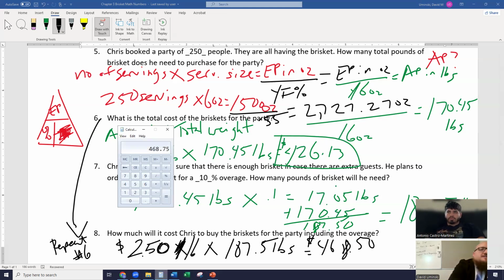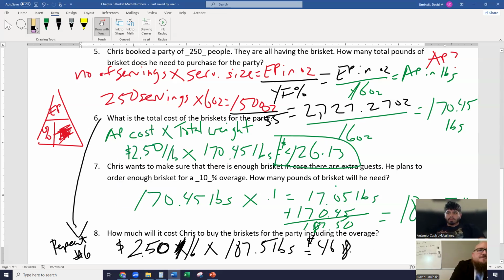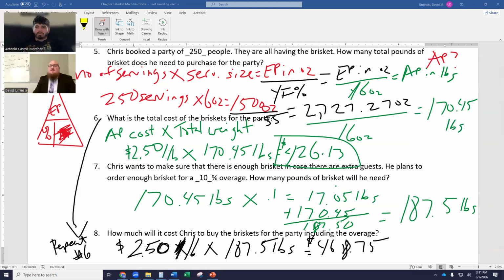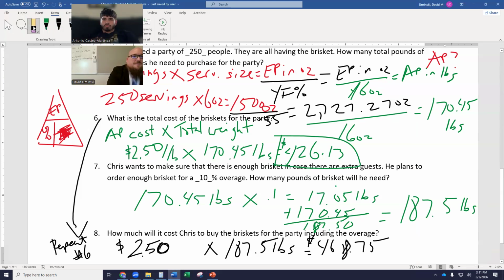Sorry, 75 cents, I apologize. All right, any questions about any of these problems? Yeah, Brianna. Times 16? Oh, no, it's per pound. Let me clean that up.